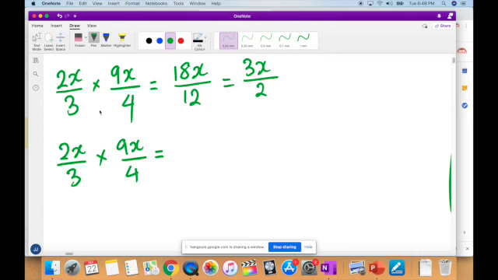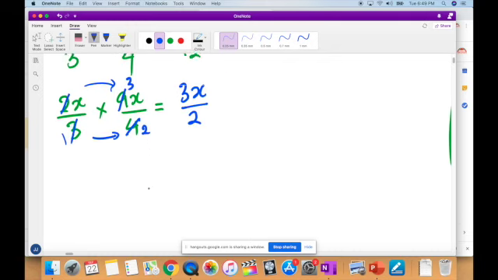She multiplied numerators and denominators there to get the answer. But if we want, we could start cancelling. This 2 will cancel with this 4, and I'll have 2 over here. This 3 will cancel with this 9, so I'll have 3 over here. And now we multiply to get 3x on 2. You see that, Caitlin? Yeah.